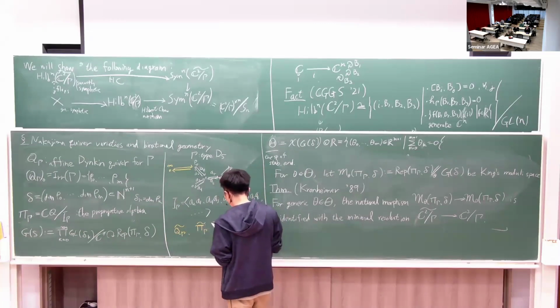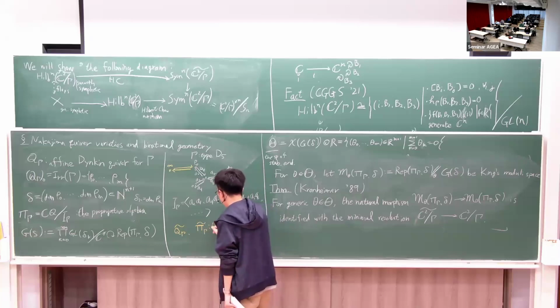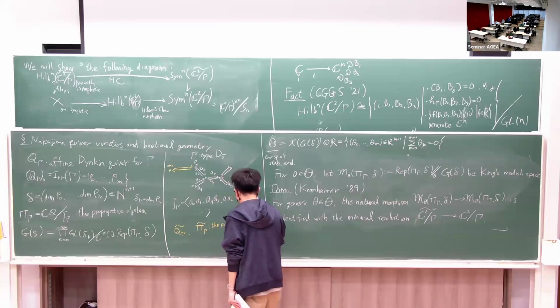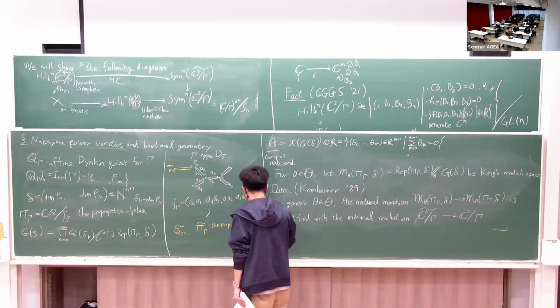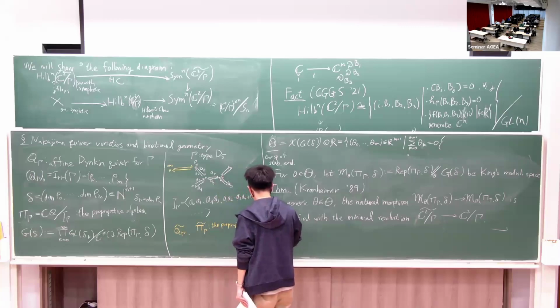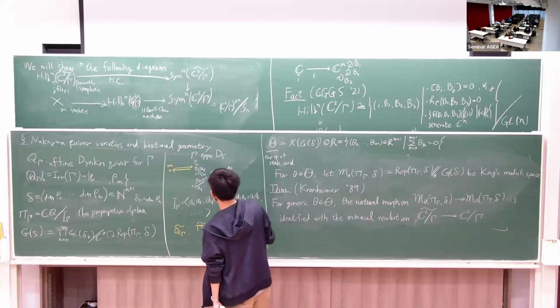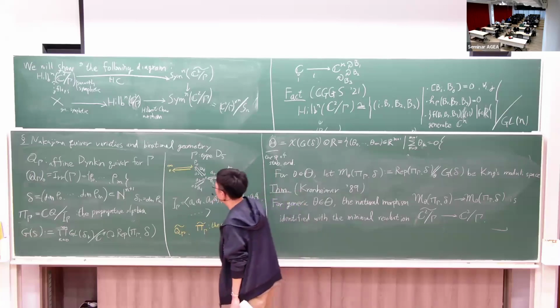So this is basically the preprojective algebra for Q gamma tilde. Then similarly to the Kronheimer construction, we can construct a homogeneous space.